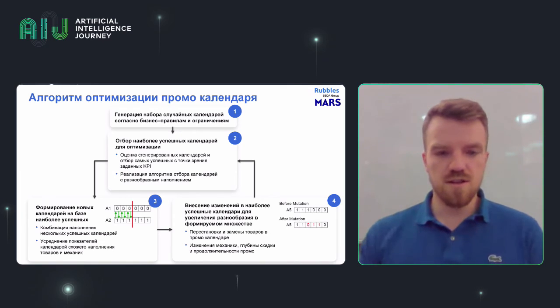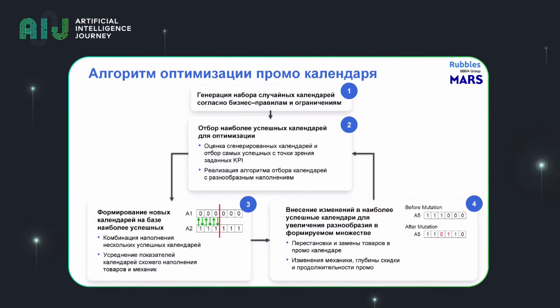We are using here a genetic algorithm. What's special about it is that this is the algorithm that actually tries to model what happens in real life as biological species evolve. However, instead of biological species, here we have our promo calendars.